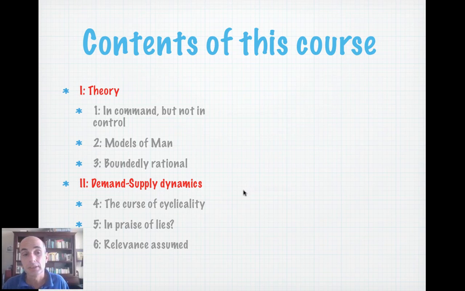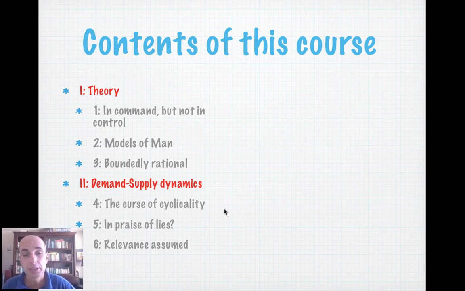Then the second part of the course is about a series of supply network dynamics where the main issue is that demand and supply are not in equilibrium. Usually an economics course starts with, we assume an economy in equilibrium. Well, in the real economy it never is.